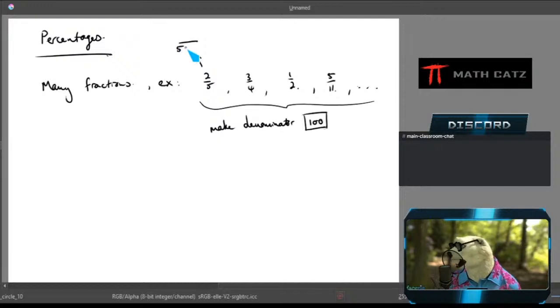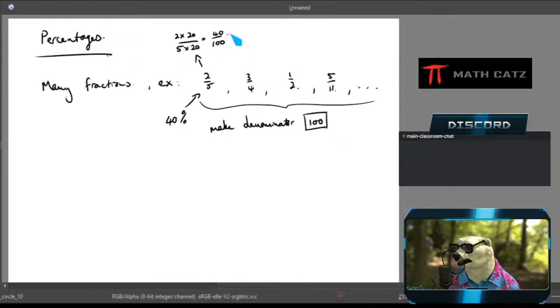I would have to have 5 times 20, and then I would have to do it at the top as well. So that would give me 40 out of 100. And then we will call that 40%. Now, where this percentage symbol comes from is exactly the 100 of the 100. And that's now our percentage symbol, indicating that we are always going to have a fraction with a denominator 100.